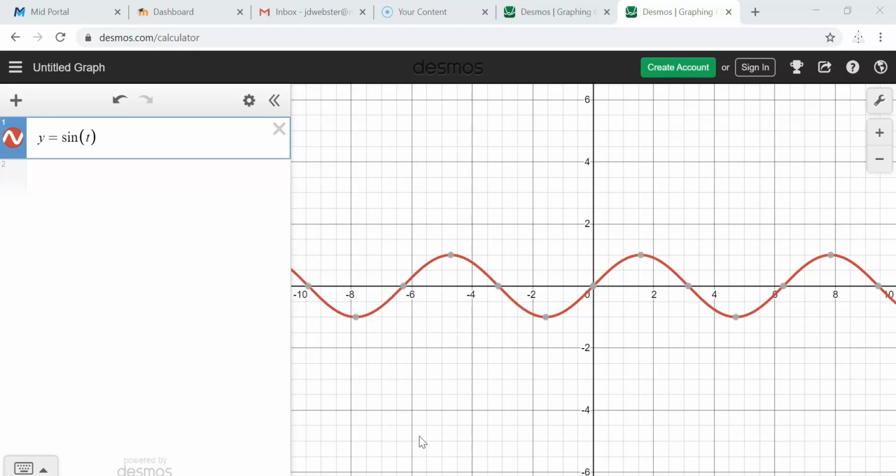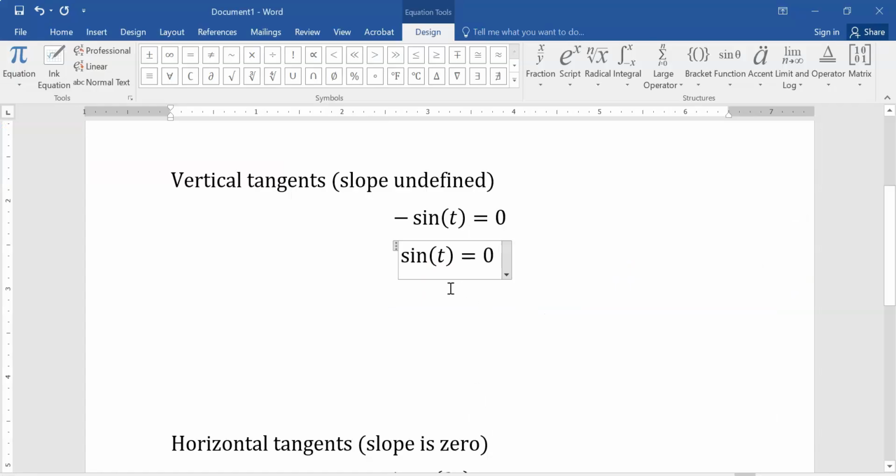So sine of t is 0 whenever t is a multiple of pi. So t is equal to, a lot of times people say k times pi, where k is an integer.